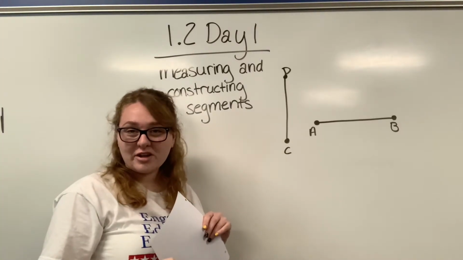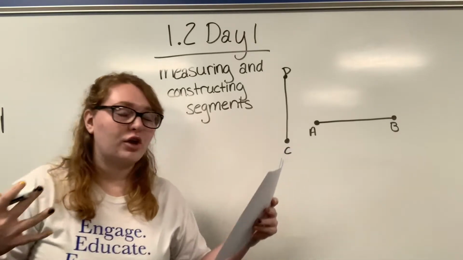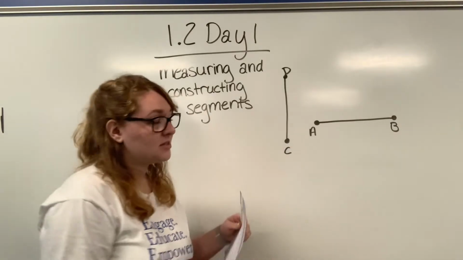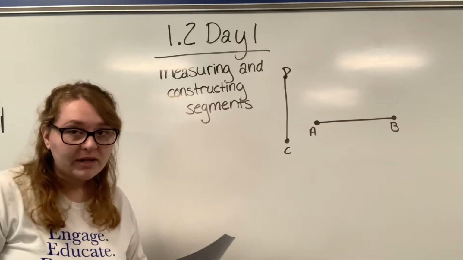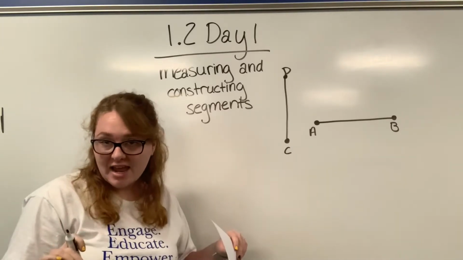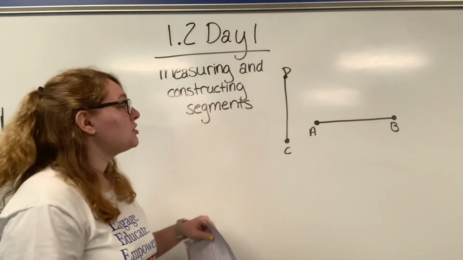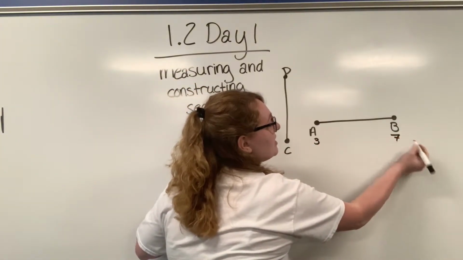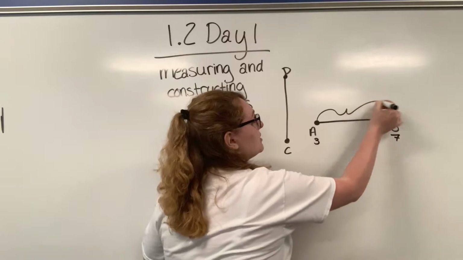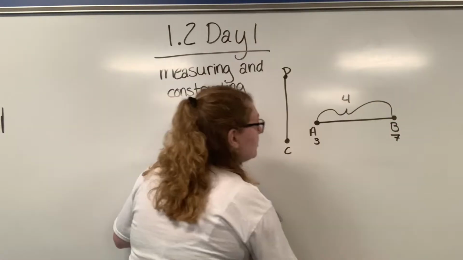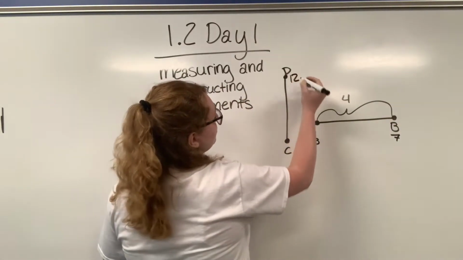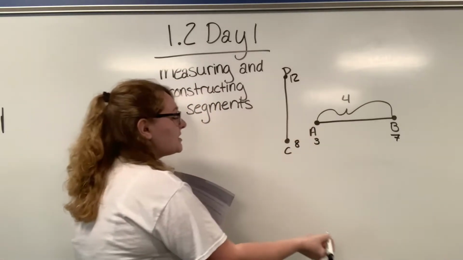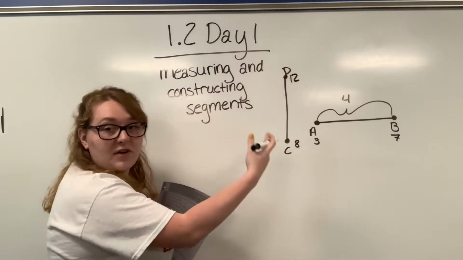The next thing we're going to talk about is called congruent segments, okay? Congruent means the same length. So if we were looking at AB, and again, I'll just use 3 and 7, we already found that this distance was 4. So if I say this one is 12 and this one is 8, let's find this distance.